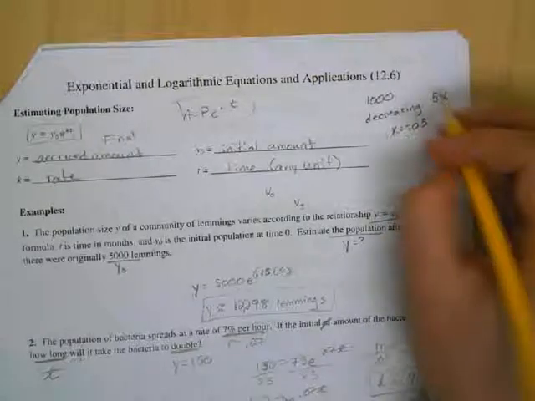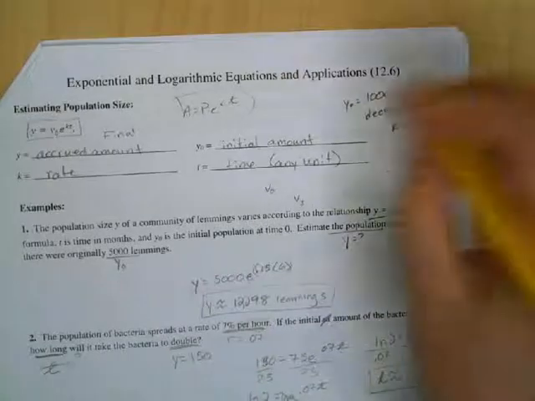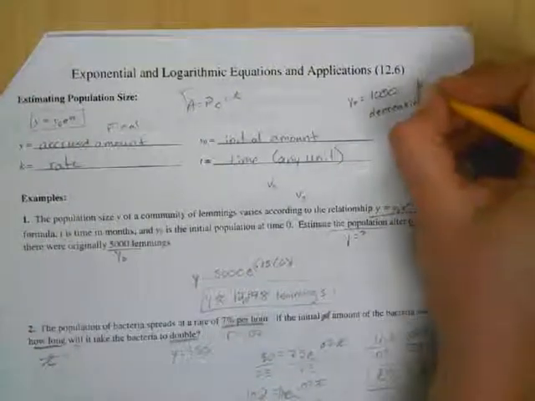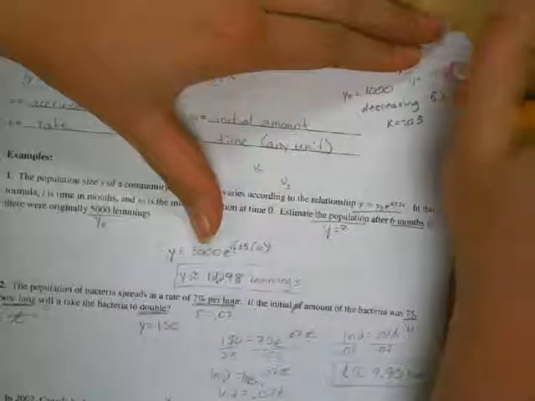So let's say I started with an initial amount of 1,000 and I want to double, to 2,000, and I want to find the time. So, I'm sorry, I'm decreasing. Oh, goodness.